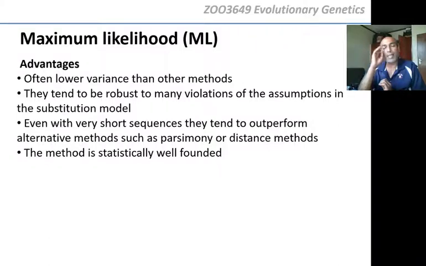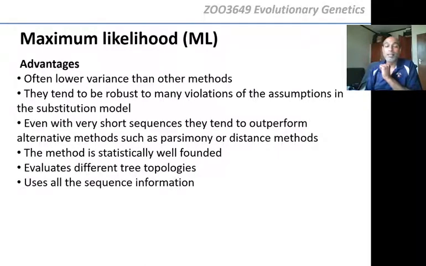It calculates every possibility, and when you calculate the probability of every possibility, the one with the highest is the right tree. The problem is that it is too many. If you have too many sequences, then to calculate the maximum likelihood is enormous.